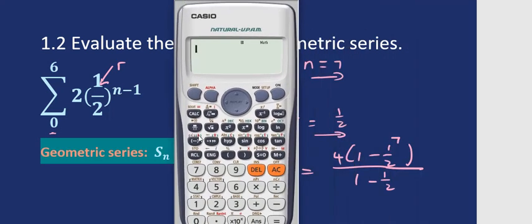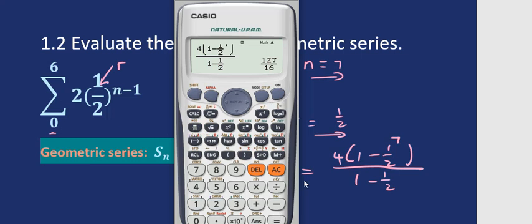we've got 4 times 1 minus the common ratio of a half to the power of 7, and the denominator is 1 minus the common ratio of a half.